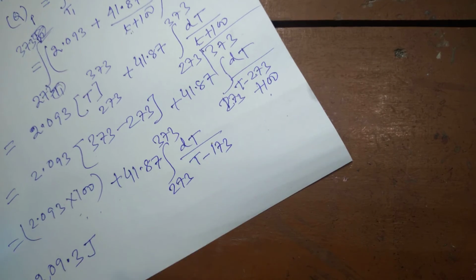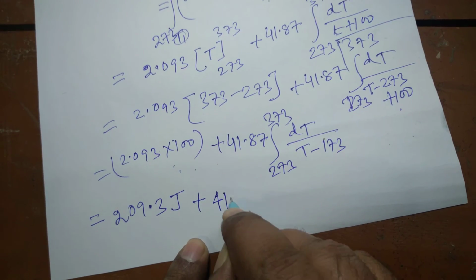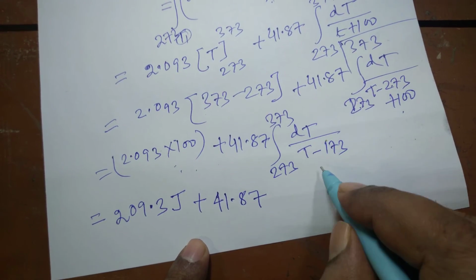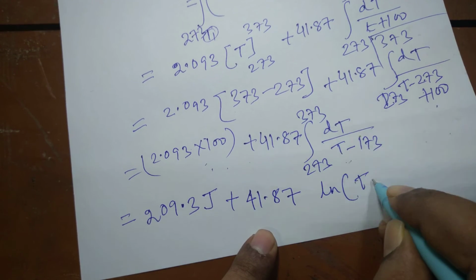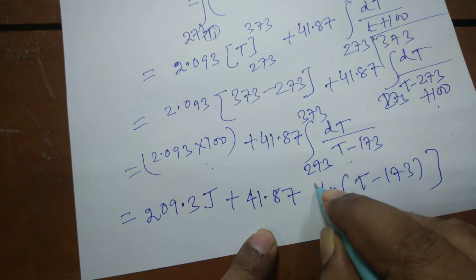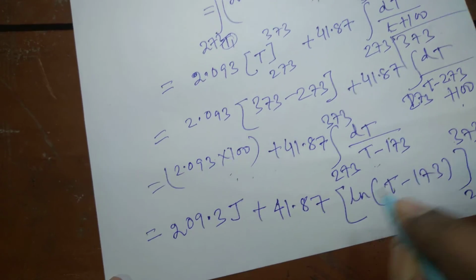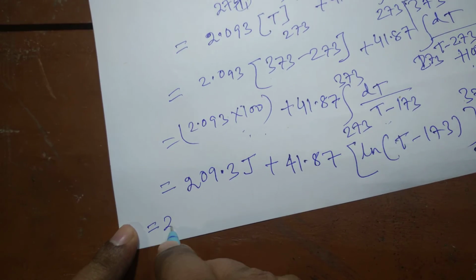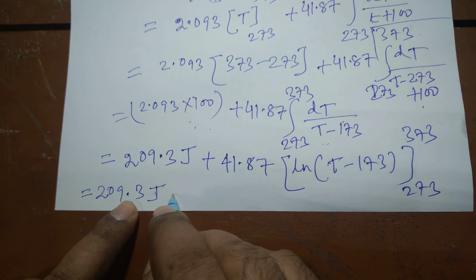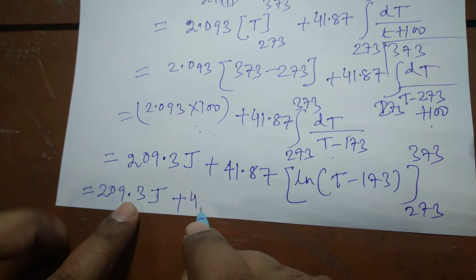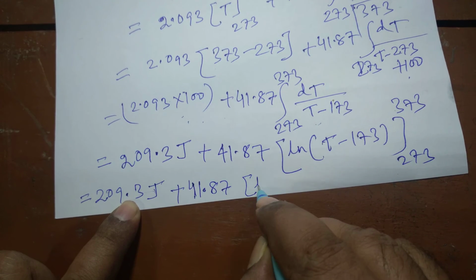So this is 209.3 plus 41.87 dt upon t, which will be ln t, ln t minus 173, from 273 to 373. So that is equal to 209.3 joule plus 41.87 ln.